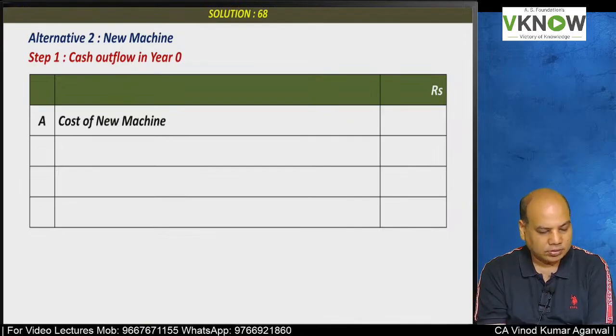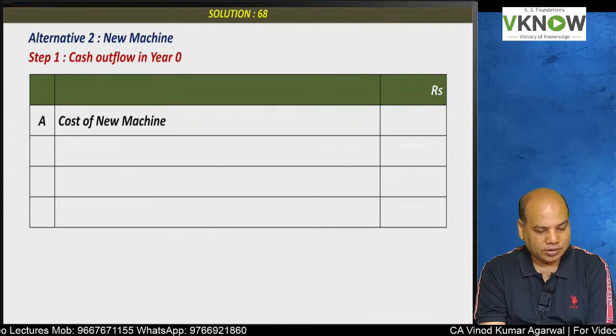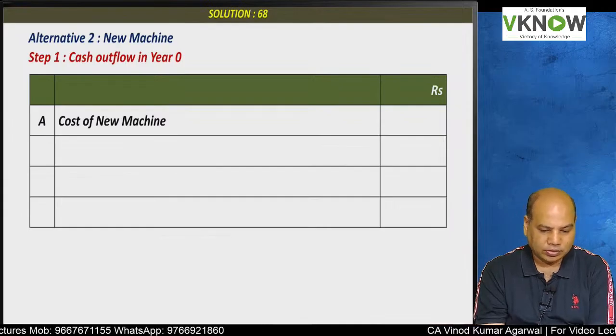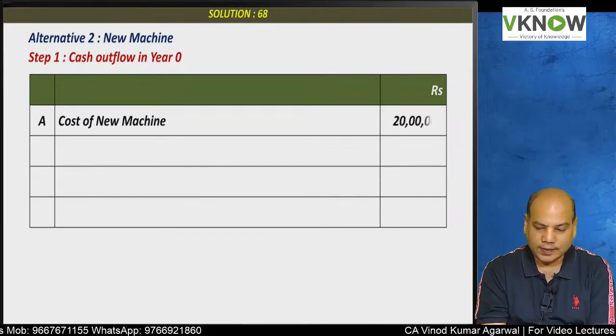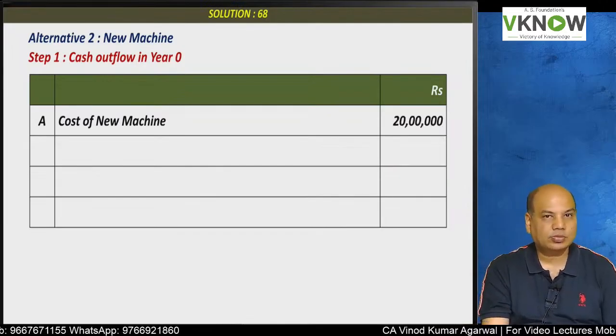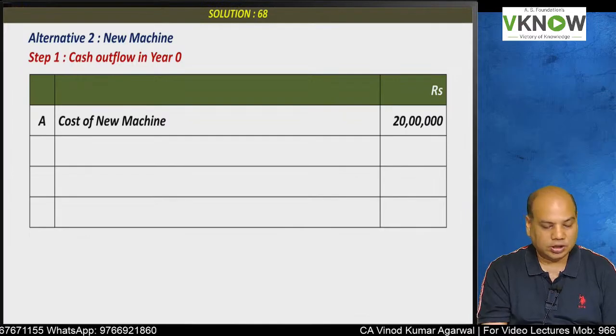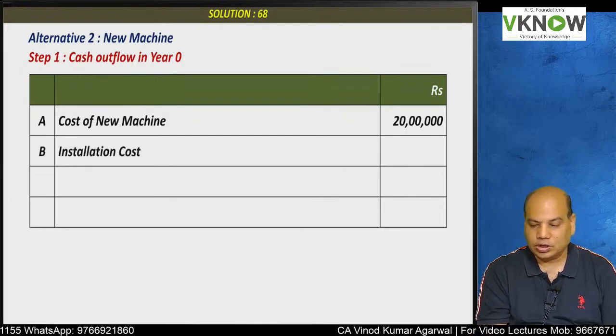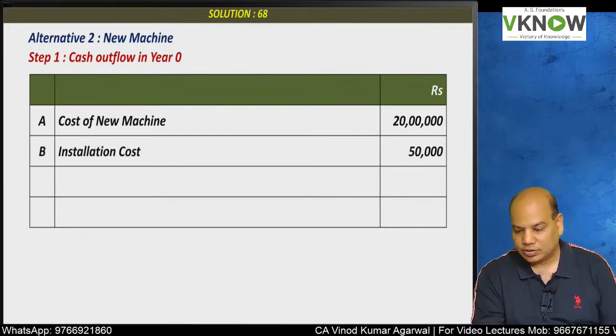First, let us write down what will be my initial investment in year 0. I will purchase a new machine for 20 lakh. Anything else? Yes, installation cost is also there, 50,000.